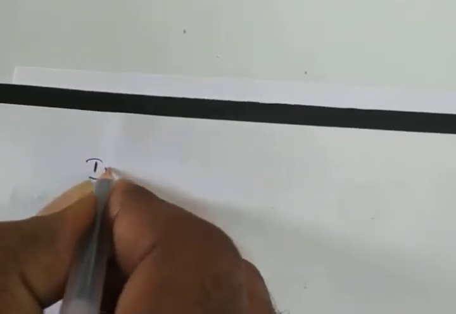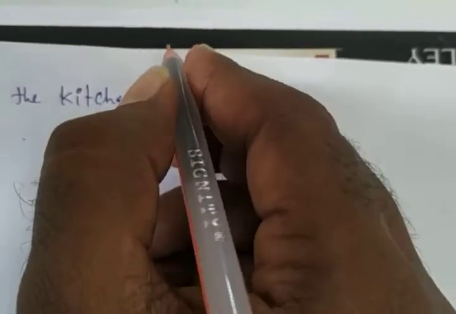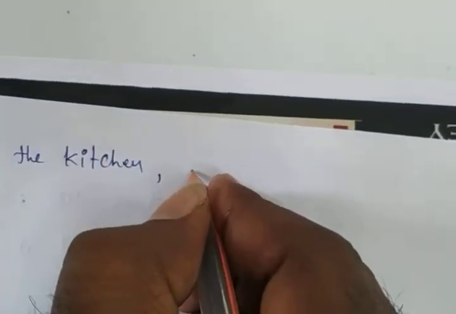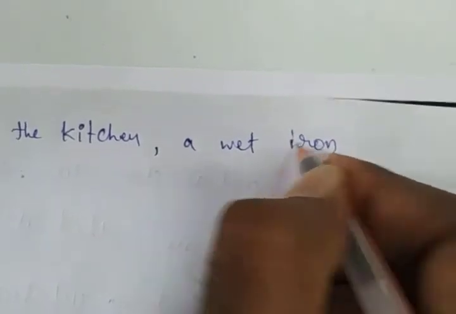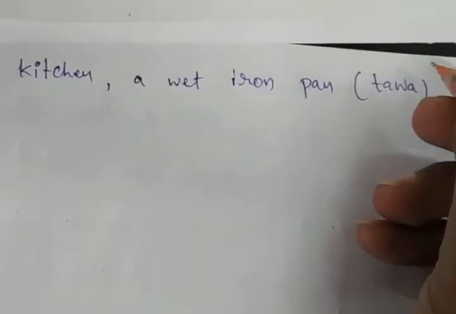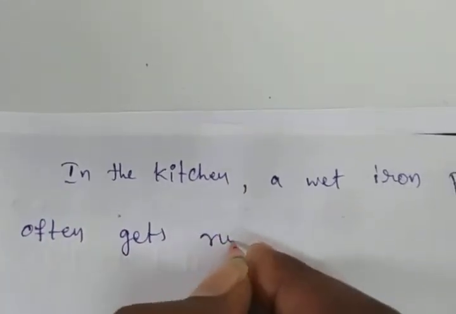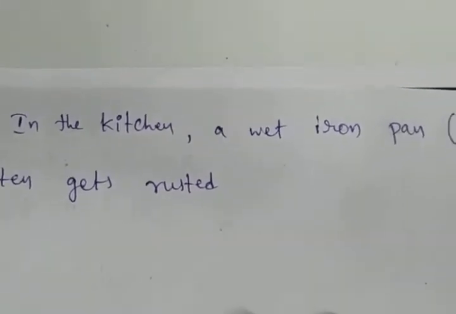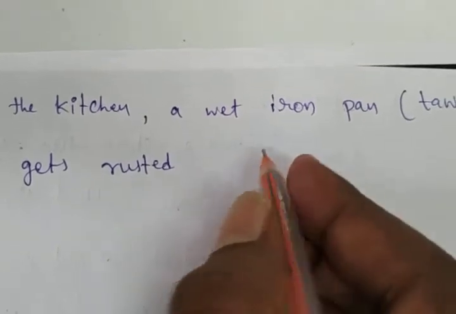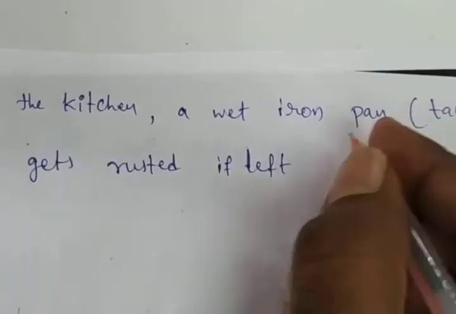Okay, for suppose if we take in the kitchen a wet iron pan, that is a tawa, it often gets rusted if left in that state for some time.